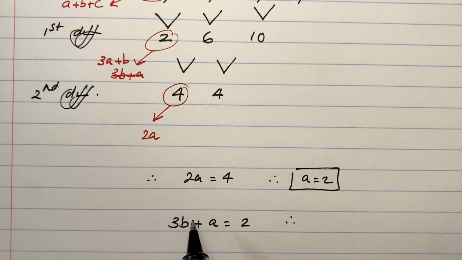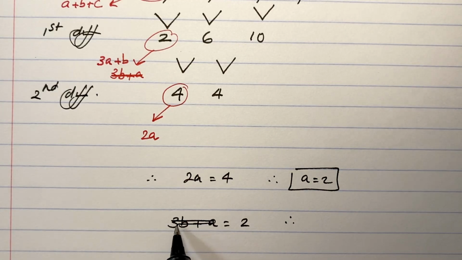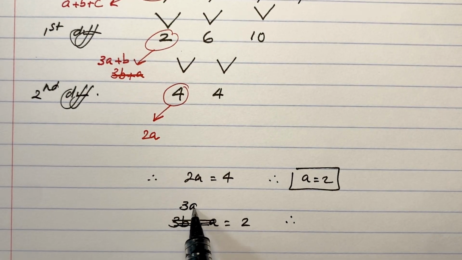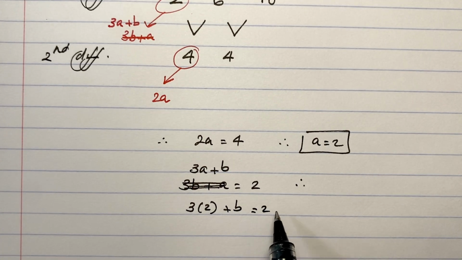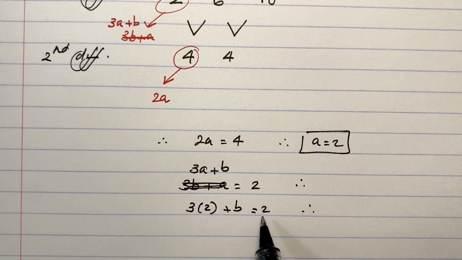And here, 3a plus b equals 2. But a is 2. 3 lots of 2 plus b equals 2. Therefore, b equals 2 minus 6, which is minus 4.